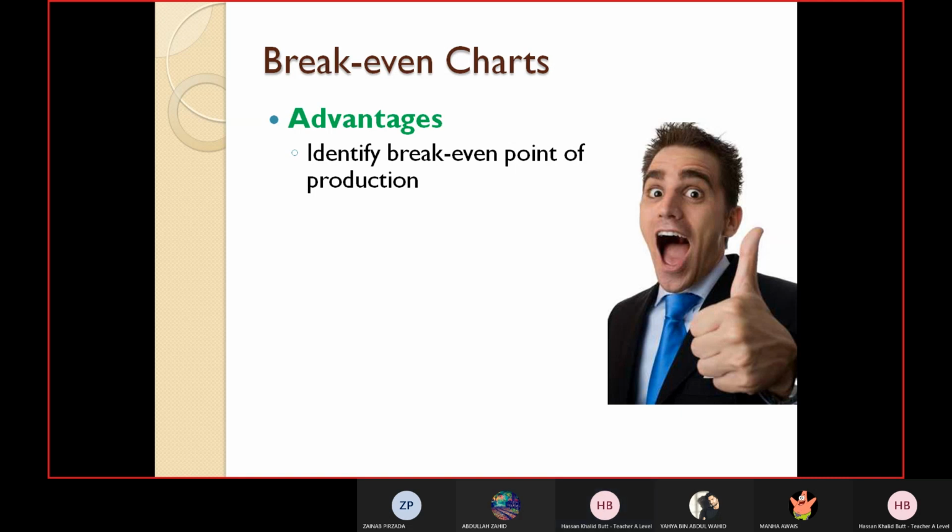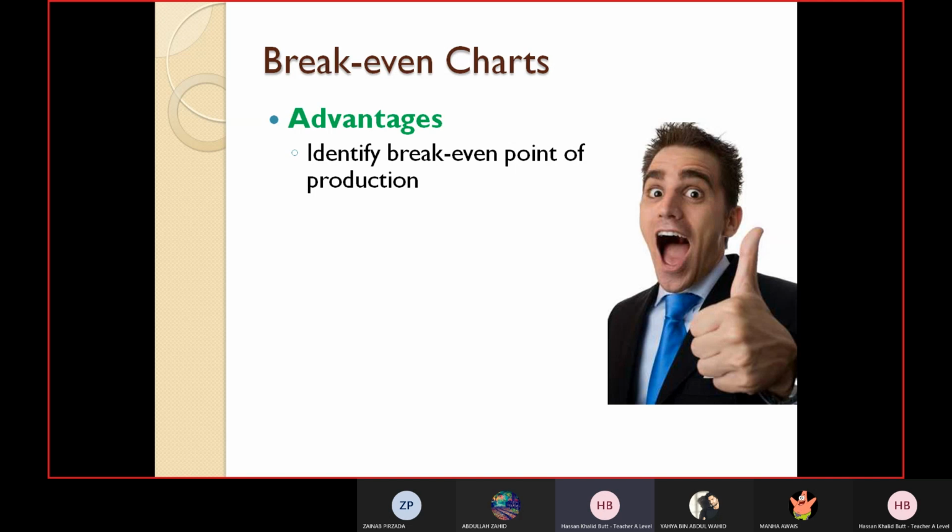And it also helps businesses to see where their level of output is, so they try to reach that level of output as early as possible. For example, if the break-even level of output is 1,000, businesses which are newly set up will try to produce 1,000 units as early as possible, so that they will start getting profit earlier after the break-even.